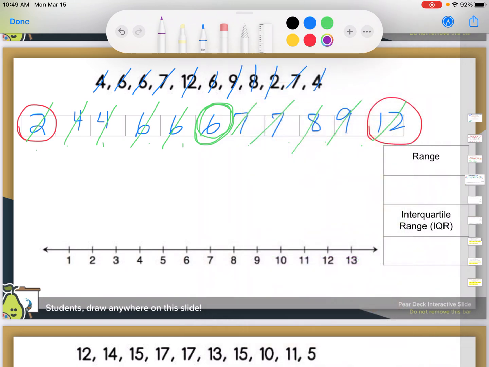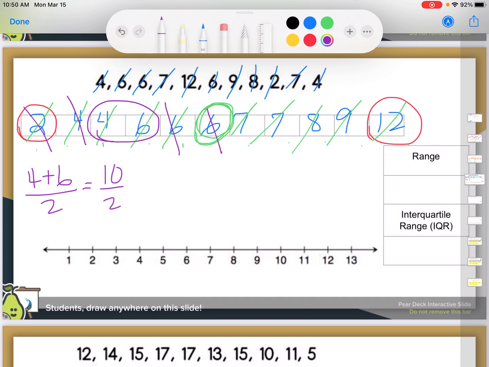So that means I find the median again. I have 2 numbers in the middle of my data. So 4 plus 6 divided by 2. So I got 10 divided by 2. So that means the center of my lower half is 5. So I have 1, 2, 3 numbers in front of the 5, 1, 2, 3 numbers behind the 5.